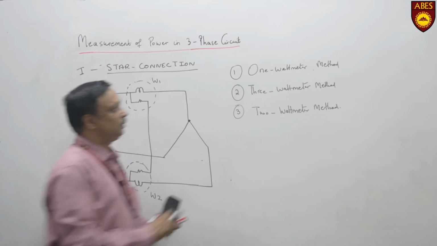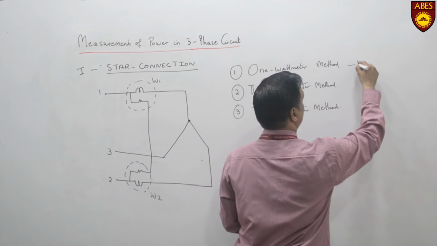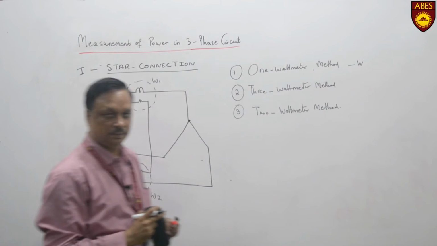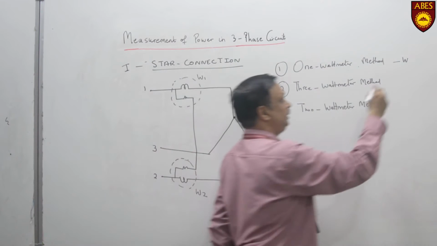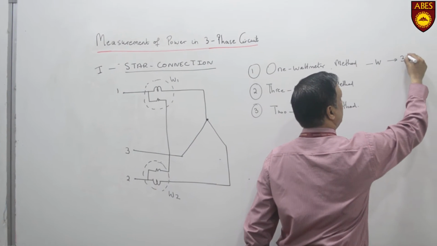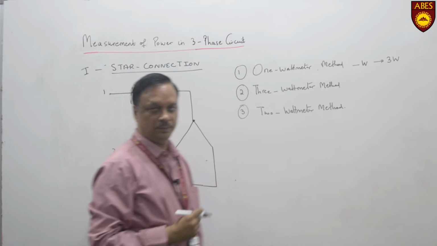In 1 wattmeter method we only utilize 1 wattmeter in one phase. Here we have three phases, but we only use 1 wattmeter. So the total power, assuming that the system is balanced, becomes 3 times W.